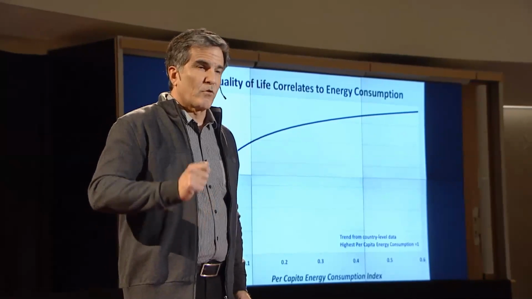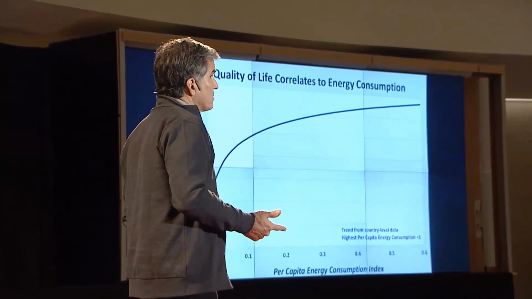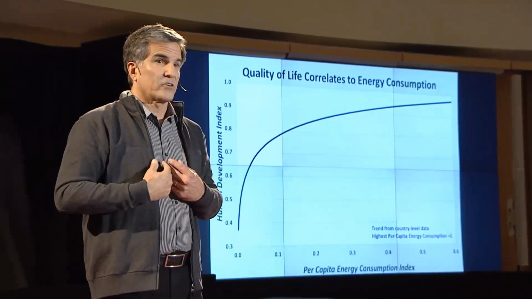But at the end of the month, we're going to pay a bill for the BTUs we've burned or for the kilowatt hours that we've used. What they're selling me and what I'm buying are not the same thing. It's in the utility's interest to sell me more BTUs or more kilowatt hours because that's how they make their money. They are not set up to provide energy services.